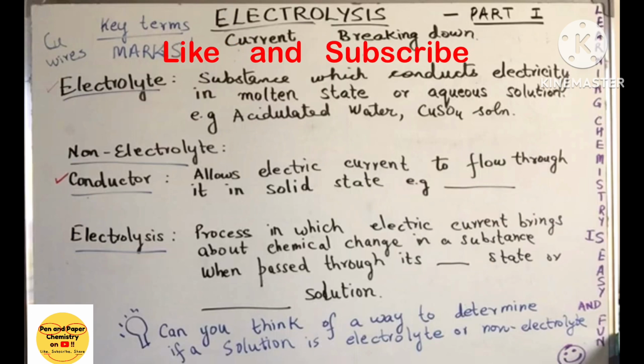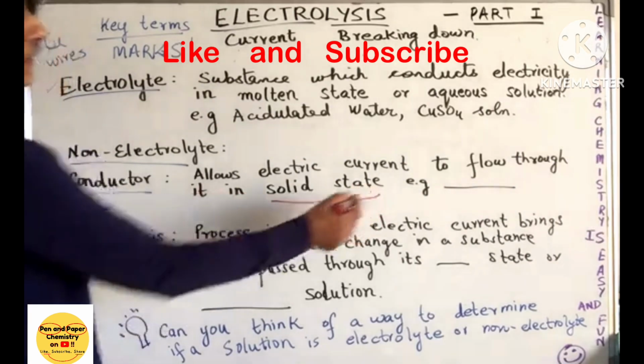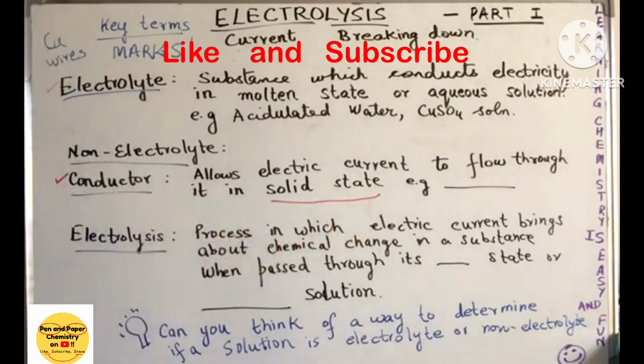Whereas when you talk about electroplating of articles, you have silver spoons, you have gold plated articles. That is happening because of the solution being an electrolyte. When you are talking about copper wire, the current is flowing through a substance in its solid state, right? So we call them conductors.